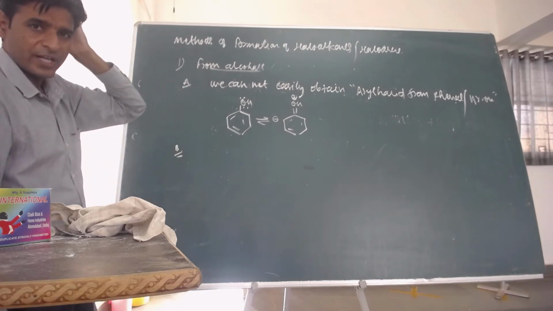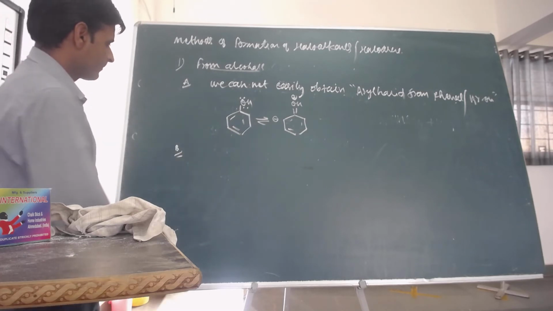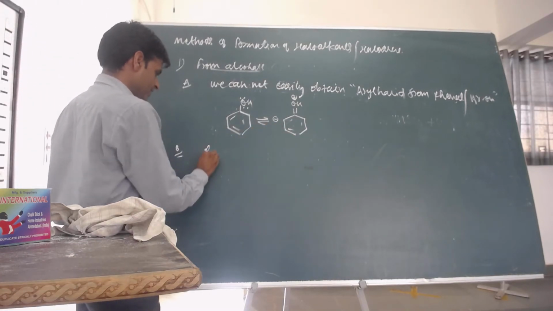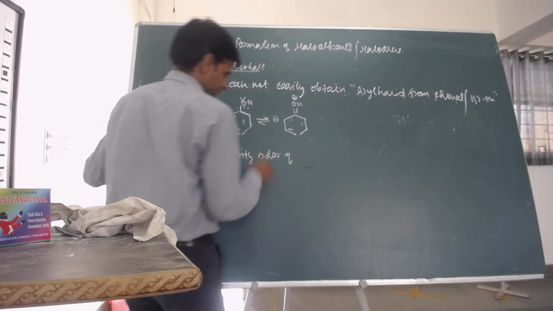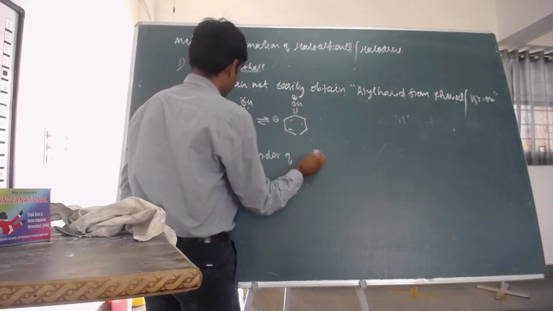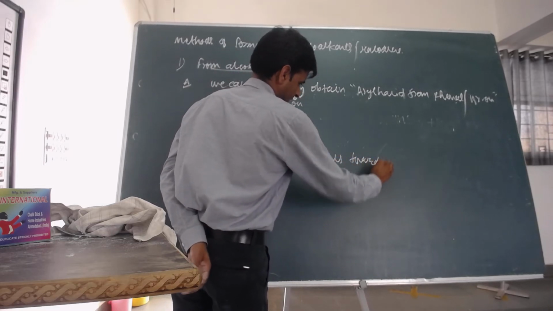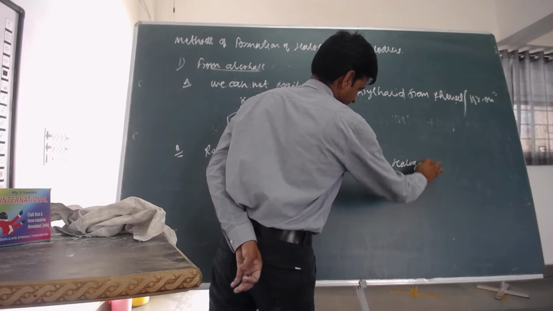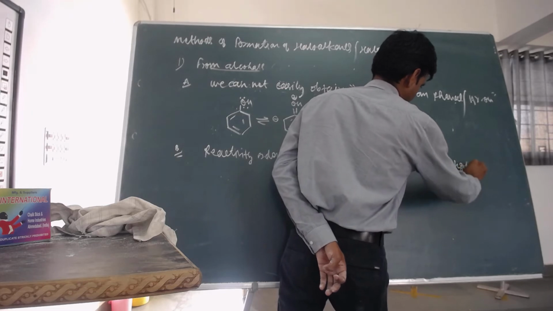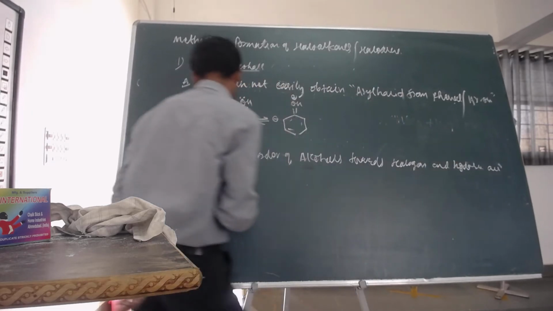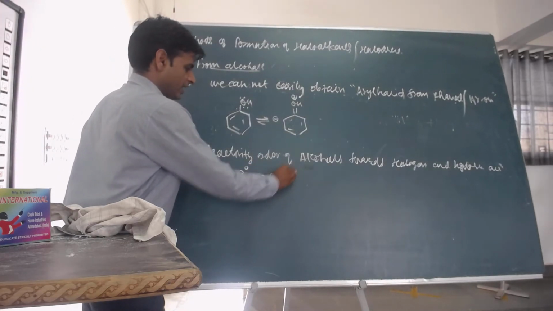The reactivity order of alcohols towards halogen acids or halogens is: 3-degree alcohol, 2-degree alcohol and 1-degree alcohol.